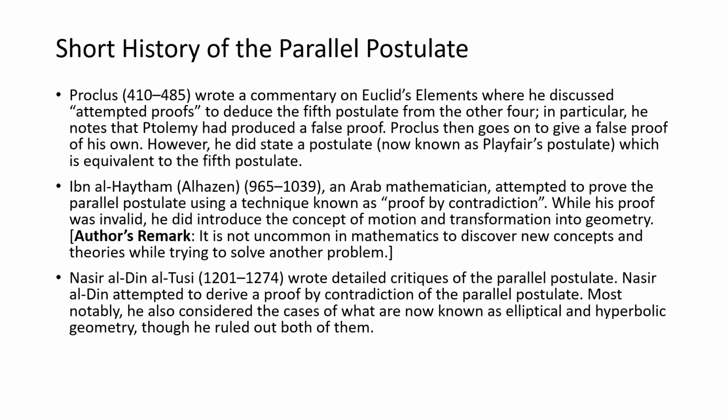So I have a few historical points leading to eventually the discovery and acceptance of the elliptic and hyperbolic geometry. It turns out the time between discovery and acceptance was rather long. I guess that happens sometimes. So the first point here, Proclus, he lived from 410 to 485 AD.